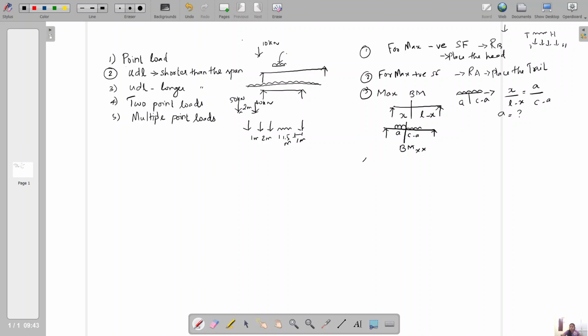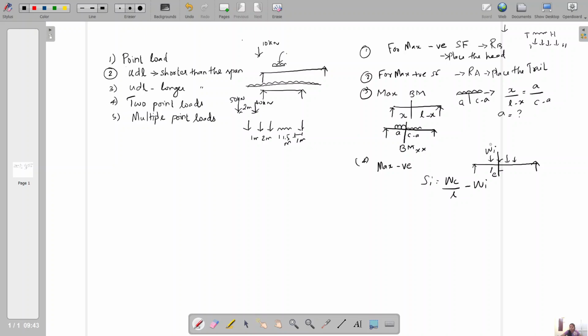Coming to series of point loads, for maximum negative shear and positive shear, we have to give some trials by moving the loads on the left side and calculating the SI ratio, that is WC by L minus WI, where WI is the load which moved away from the section. C is the distance between the critical load and the section.